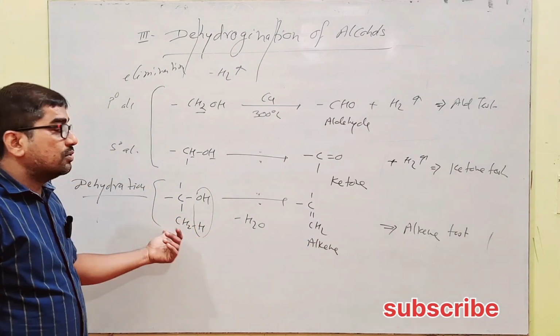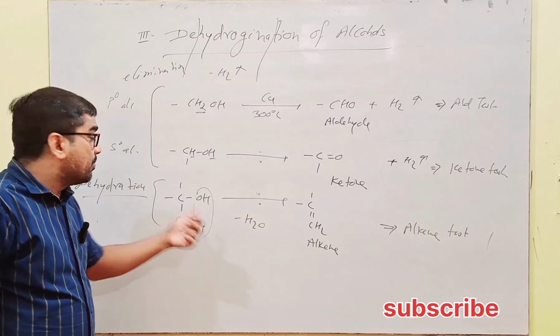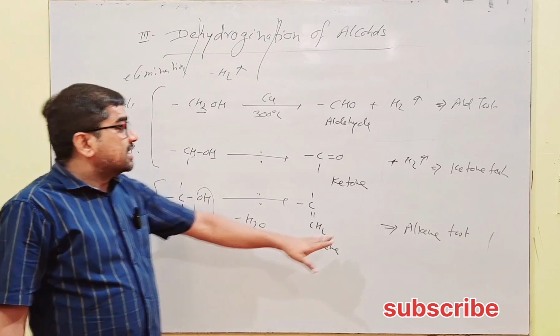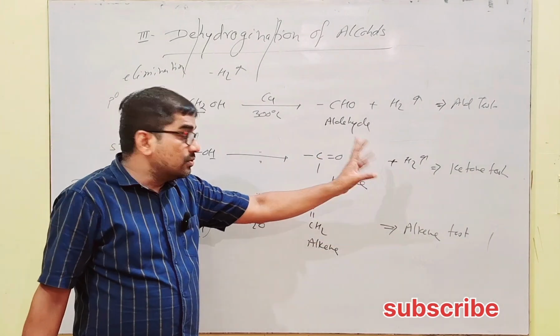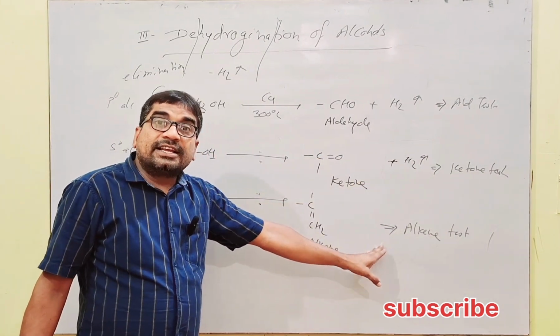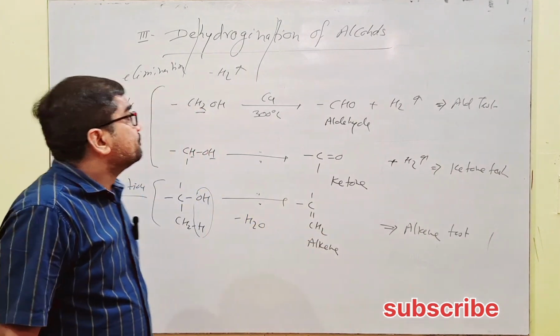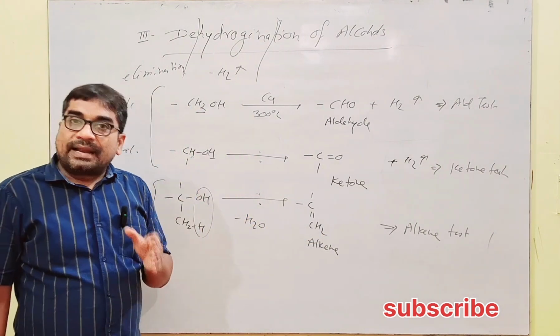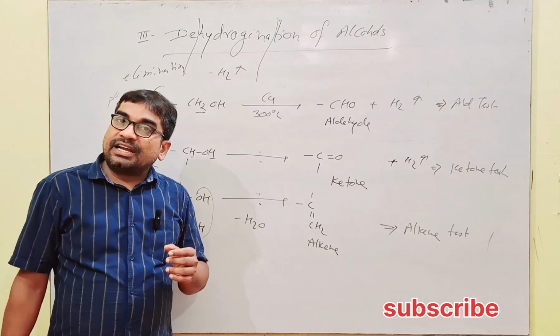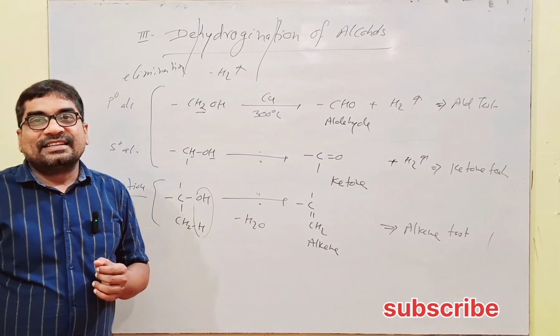So tertiary alcohol in the same condition, due to dehydration, gives the alkene test, neither aldehyde nor ketone. Alkene test for unsaturation. So students, this is all about how to distinguish among primary, secondary and tertiary alcohols. Thank you everybody.